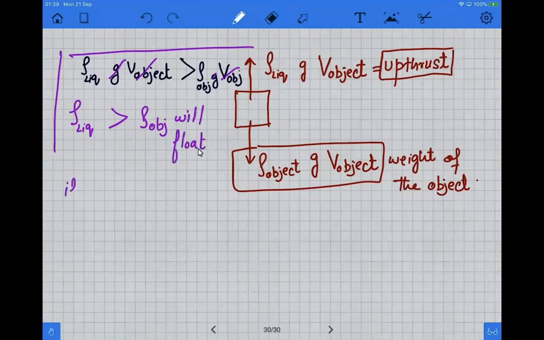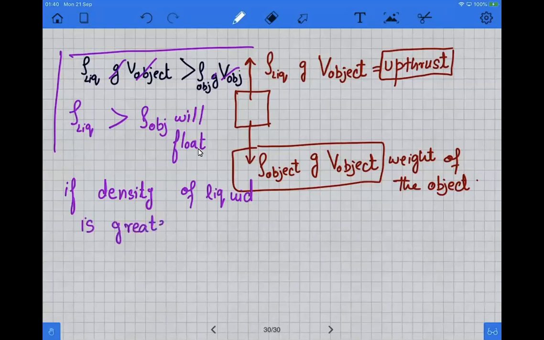So the density of the liquid is responsible for more upthrust.